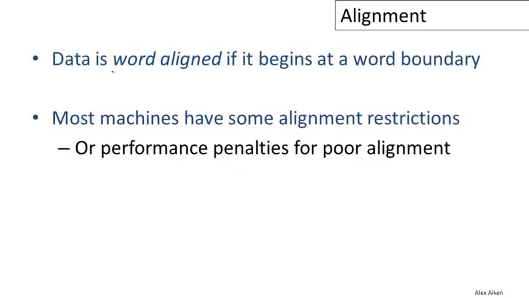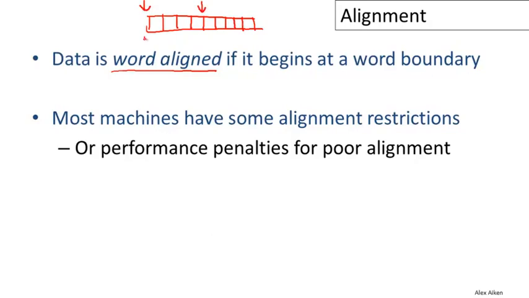We say that data is word aligned if it begins at a word boundary. So if we think about the organization of the memory, and it's laid out into bytes, and let's say that this is a 32-bit machine, so that 4 bytes make a word, and one word begins here, and the next word begins here.